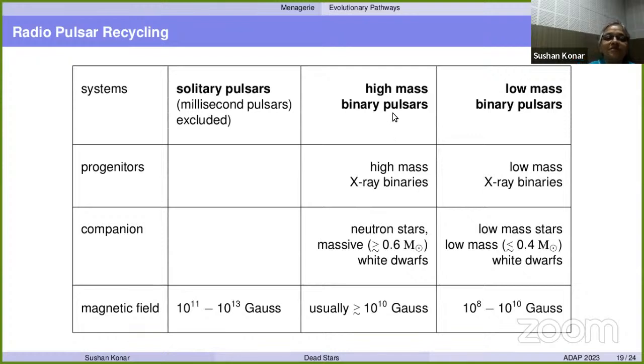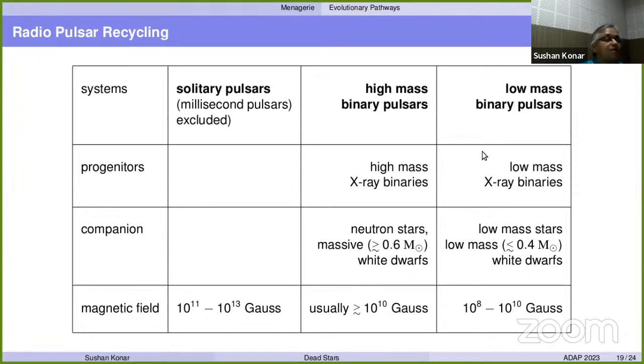From high mass X-ray binaries, we have high mass binary pulsars, and the companions are massive, with masses more than at least half a solar mass. The final magnetic field is more than 10 to the power 10 Gauss, at least.